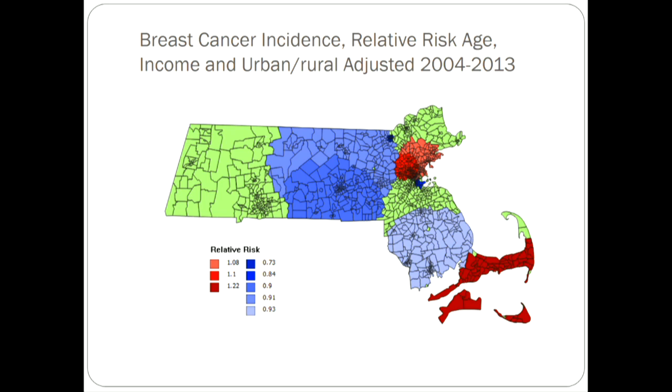And now this is also high and lower rate, but adjusted not only for age and population, but also for the covariates of median income and urban rural status. And we import the output from SaTScan into the map data to present it here.